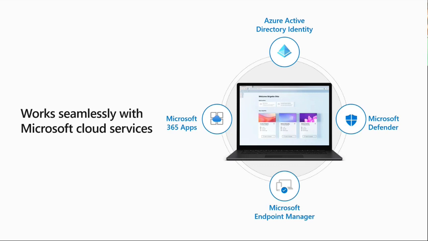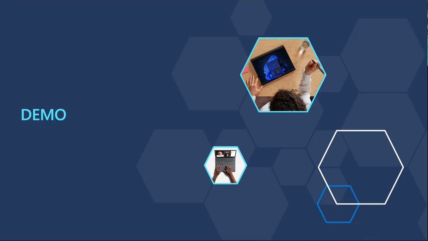Whenever a Windows 365 license is assigned to a user, the provisioning of a new cloud PC automatically starts, and the cloud PC is enrolled into Microsoft Endpoint Management. So with that, let me switch to my desktop and demonstrate how it looks.